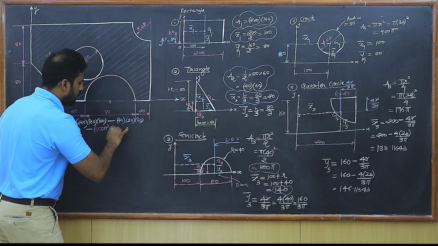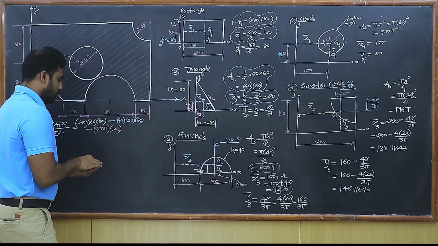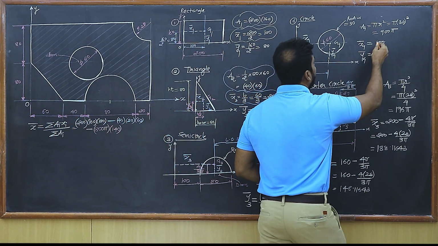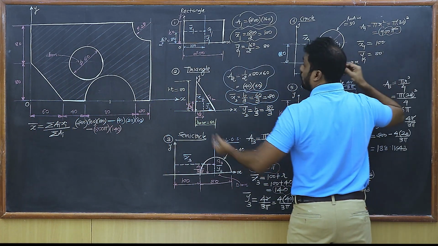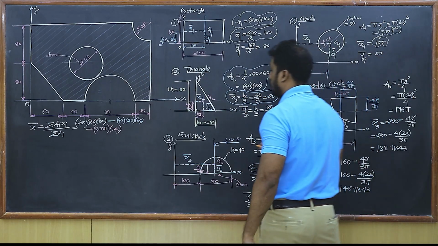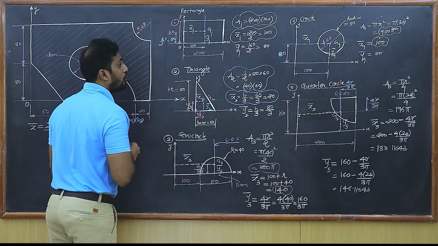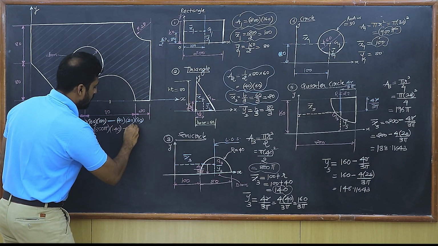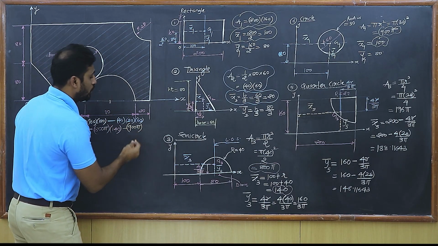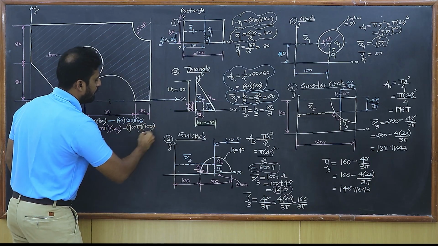Let's proceed further with the next area. Next area is of a circle, which is 900 pi. Again, the circle needs to get removed from the diagram. And what is x bar? It is 100. So I'll be writing minus of 900 pi, that's the area, into x bar, which is 100.